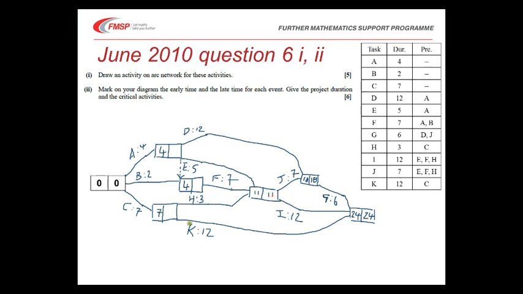The paths back into here then, we can have 11 minus 3 is 8, or 24 minus 12 is 12. So the smaller of those, 8, will allow us time to get activity H completed and get here for 11. Similarly, back into here, 11 minus 7 is 4.